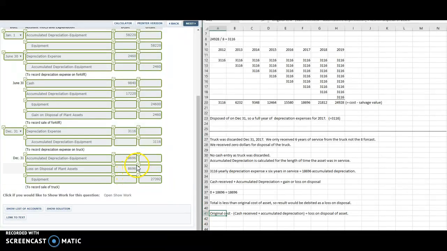And again, we remember that our debit side of our journal entries need to equal our credit side of our journal entries. So in this case, just to double check yourself, $18,696 plus $8,696 is equal to $27,392. So that's another way that you can go through and check yourself.